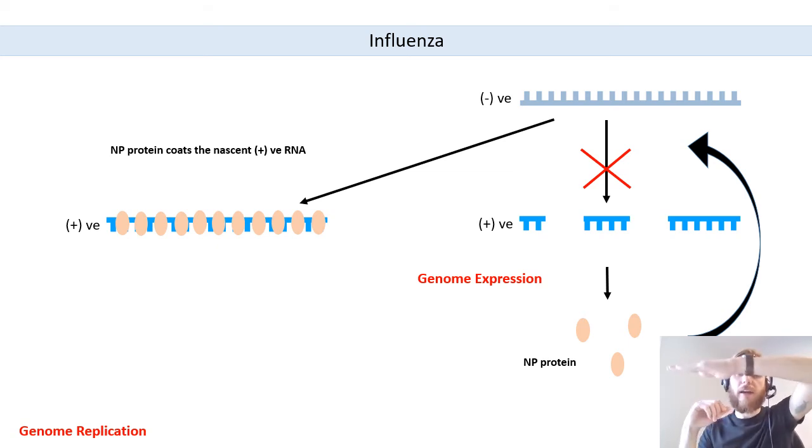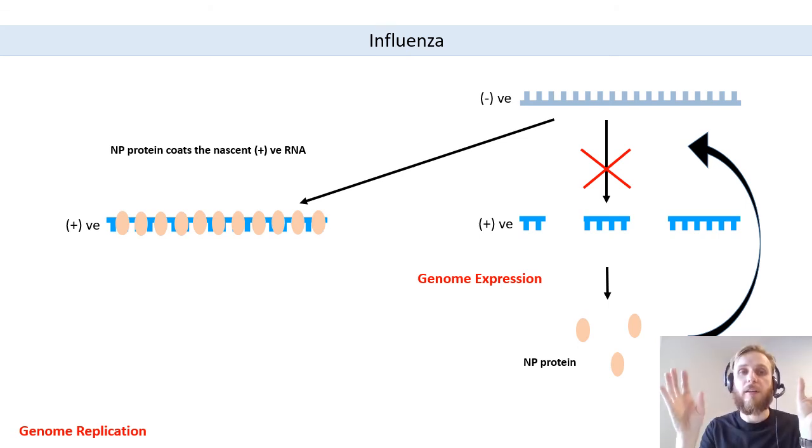The negative RNA genome is being used to produce subgenomic fragments by RNA polymerase. However, as NP protein increases within the cell, it binds to the transcripts as they're being made and prevents them being processed into subgenomic fragments. So it actually maintains the integrity of the nascent strand of nucleic acid, nascent meaning newly forming.